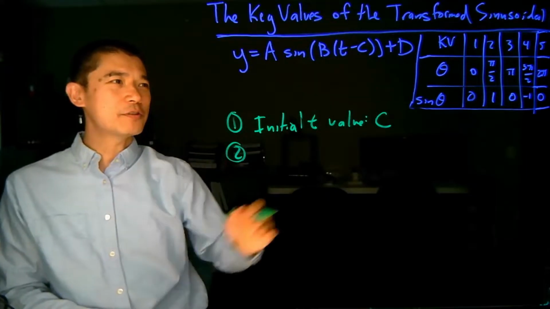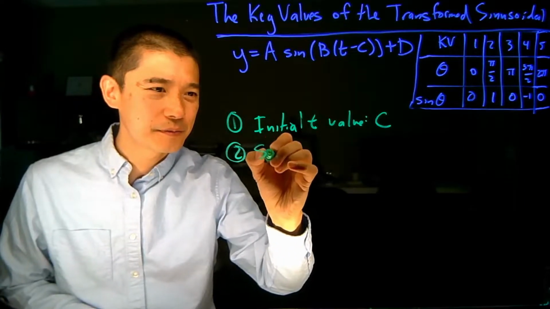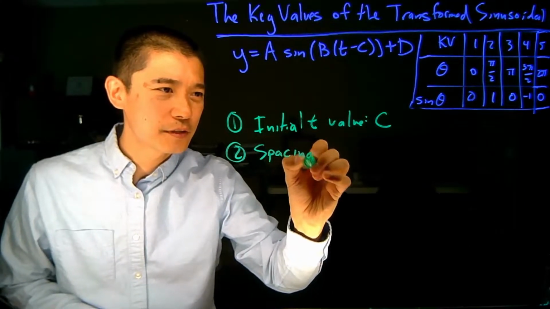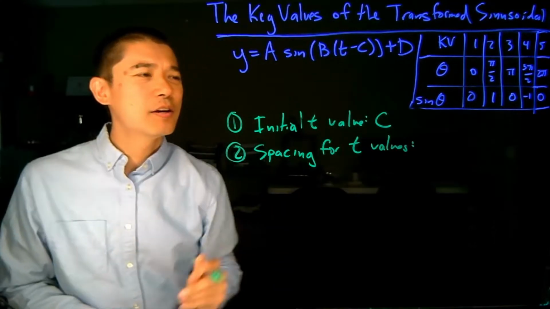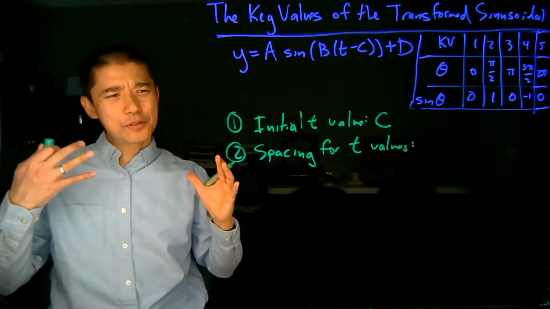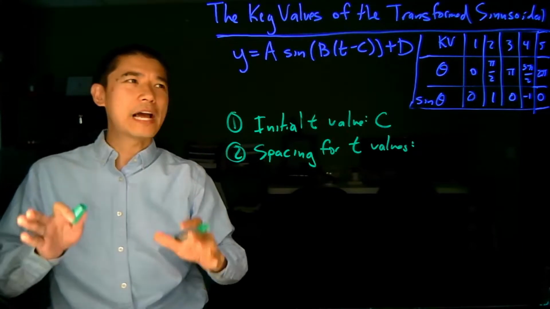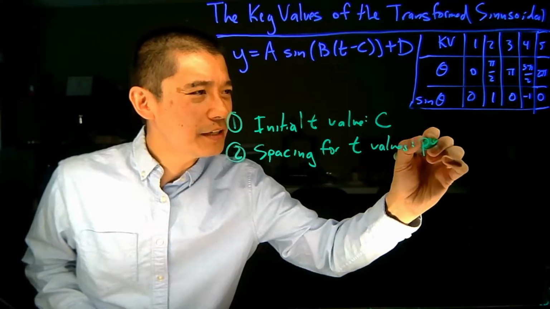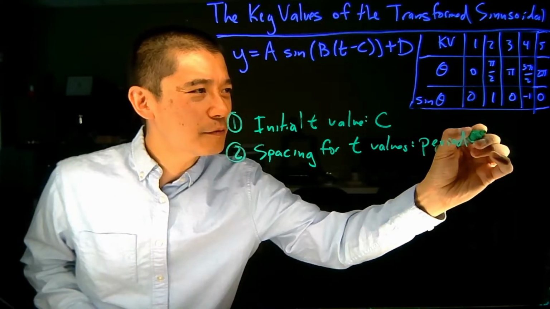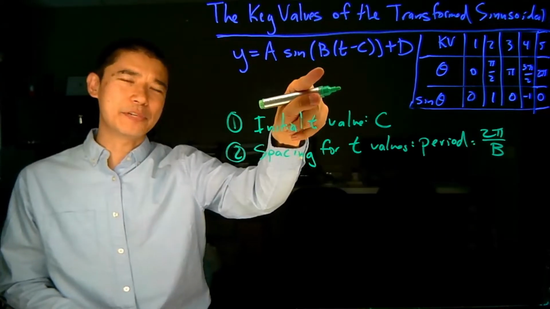The next thing we have to do is get the spacing for the key values, and specifically for the t values. What's that going to be? We're actually going to calculate the period first, and then we want a quarter period because that corresponds to this. So the period is given by the formula 2 pi over b. And this corresponds to the idea that b corresponds to compression.